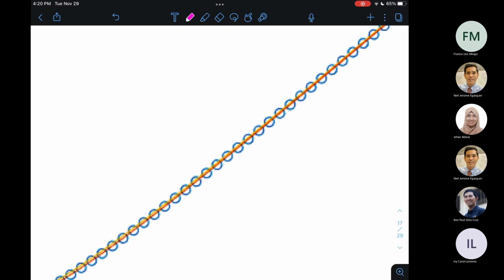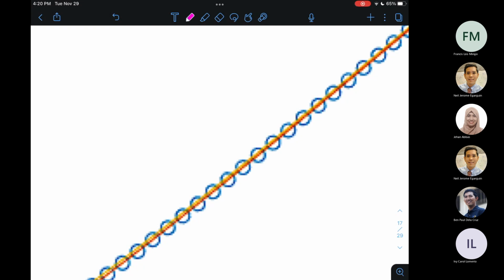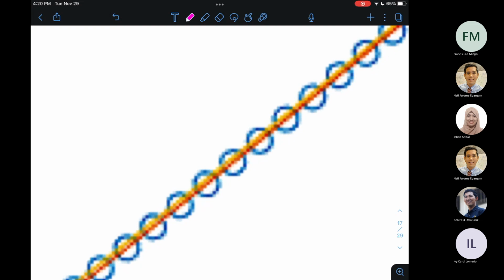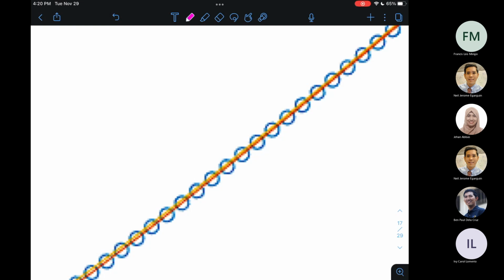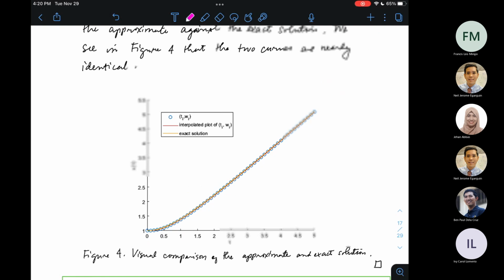And that's evident here. Mukhang nag-overlap na yung dalawang graphs. Dito medyo nakita ko na, nung nag-zoom in ako, medyo naghihiwalay yung red at saka yung yellow. Pero the idea here is that they are almost overlapping, signaling that we are almost getting the exact solution. Almost, but not quite. Kasi meron pa rin silang mga disagreements along the lines.